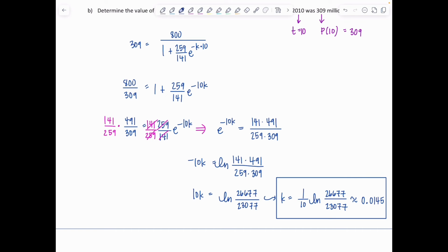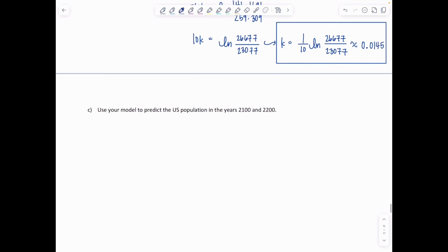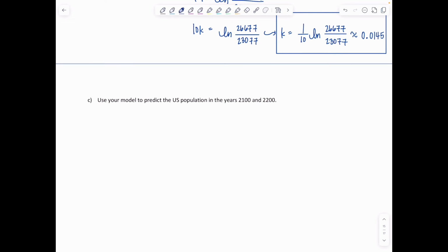Beautiful. Now, use your model to predict the U.S. population in the years 2100 and 2200. So this would correspond with t is 100. This would correspond with t is 200. Okay, most of this can be done in the calculator.